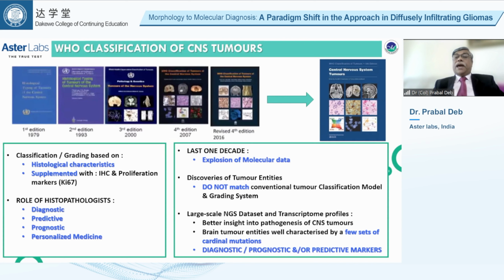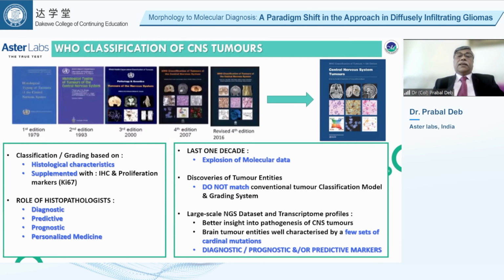Right from 1979, WHO had endeavored to understand the various tumor diseases, the neoplastic entities of the brain, based on various histological characteristics supplemented by immunohistochemistry and proliferation markers. The role of the diagnostic pathologist has graduated and extended into a role where he is required to comment on the predictive and prognostic aspects, and today be part of the journey of personalized medicine.